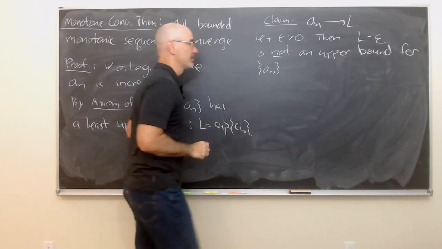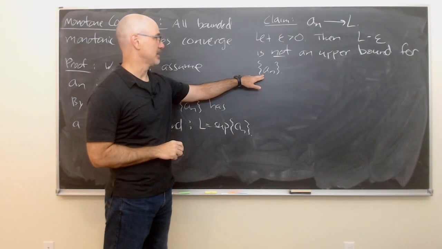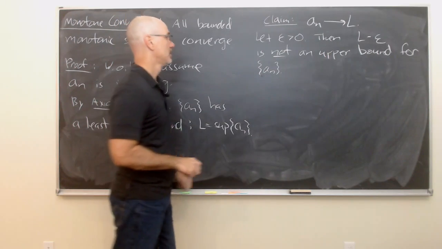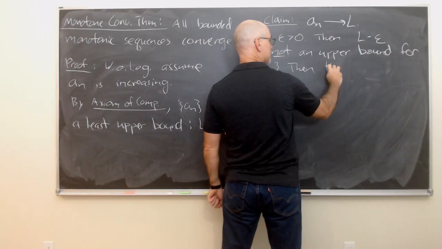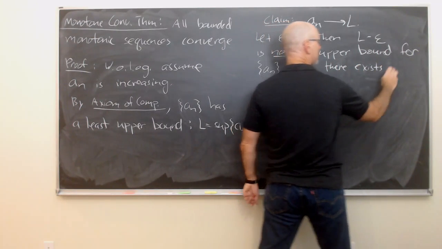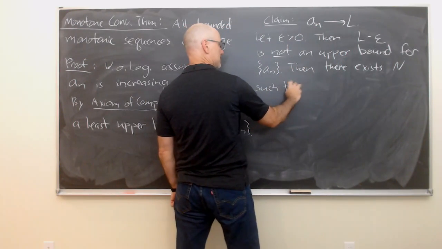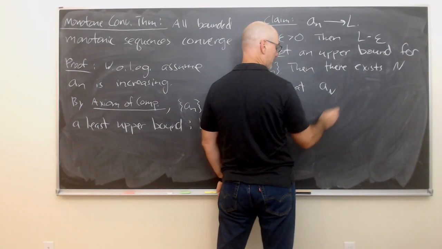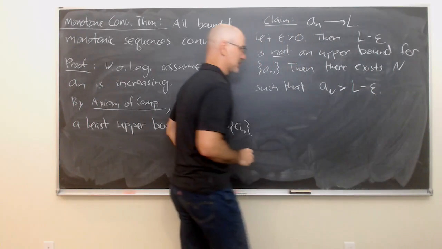But if it isn't an upper bound, that means there's at least one of these points, one of these a sub n's, that's larger than L minus epsilon. So let's call that capital N. All right, so there exists capital N such that a sub N is larger than L minus epsilon.